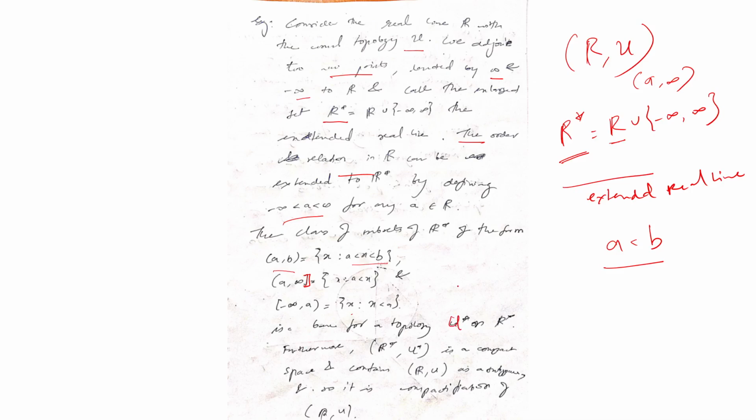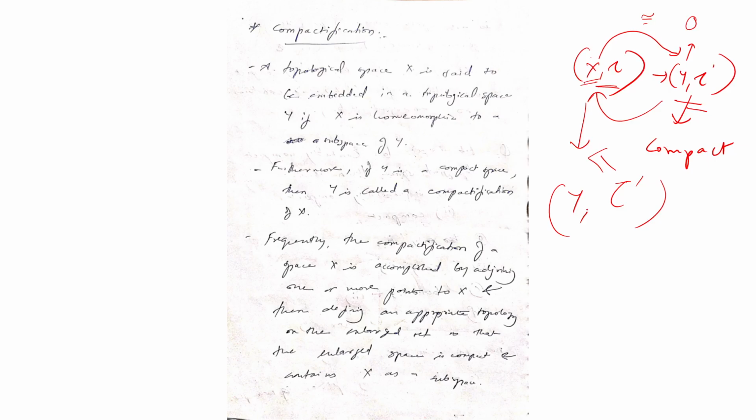As we said, in a topological space X comma tau, we will be adding a few points. We will form a new topological space Y comma tau dash, where Y will be compact, and X will be a subspace of that.